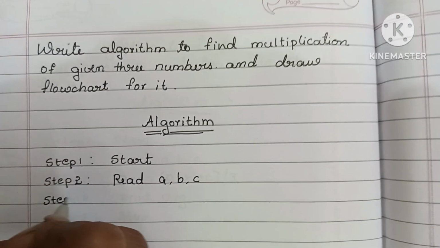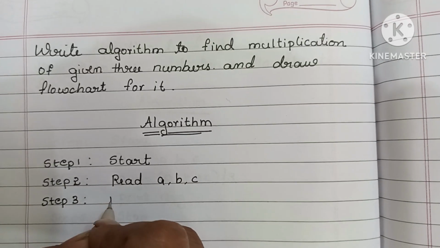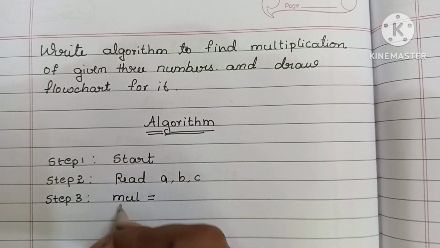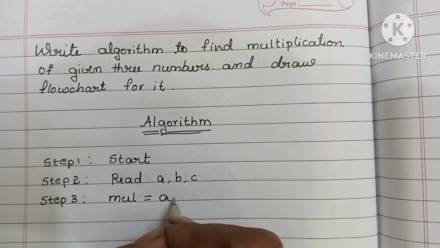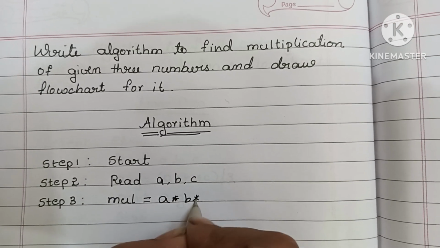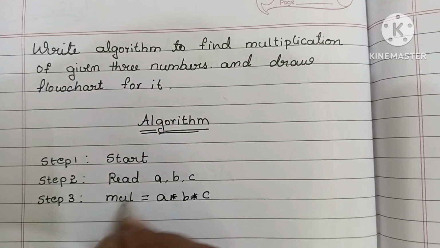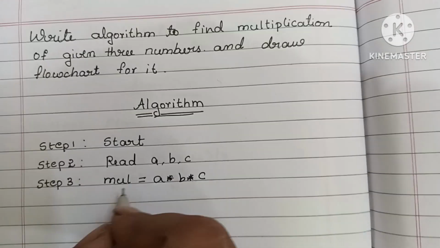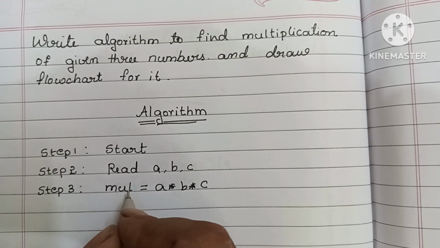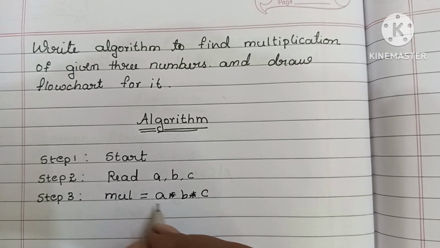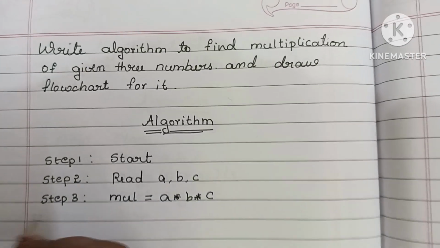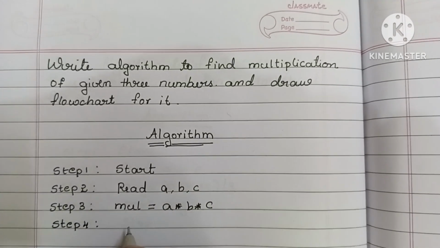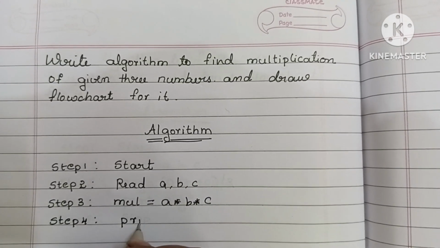In step 3, we have to find the multiplication of three numbers, that is MUL represents multiplication, A into B into C. This is the formula to find the multiplication of three numbers, that is MUL, this variable represents multiplication, is equal to A into B into C. In step 4, we have to print output.